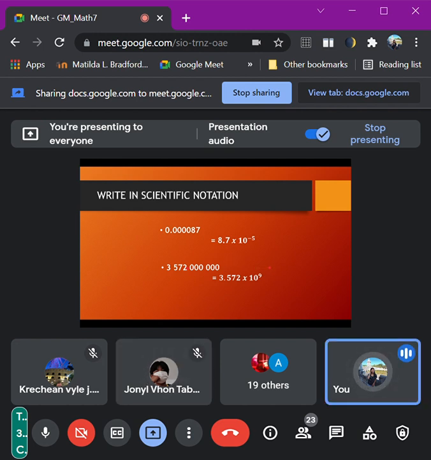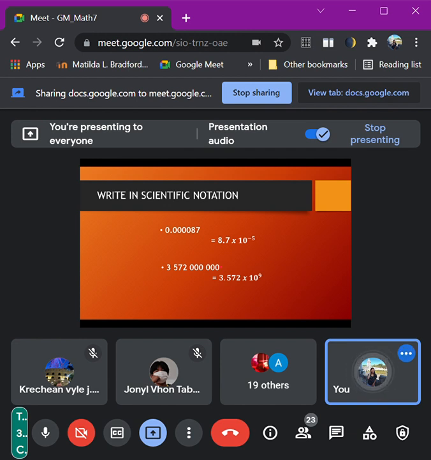If it's a whole number, class, where is the decimal point? Left. Right, teacher. Right. Okay, that is right. Remember that if we have a whole number, our decimal point is at the right.